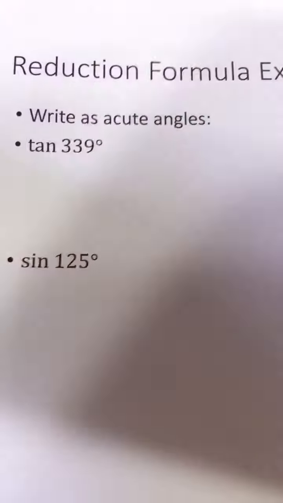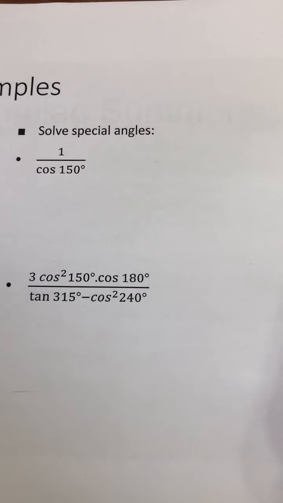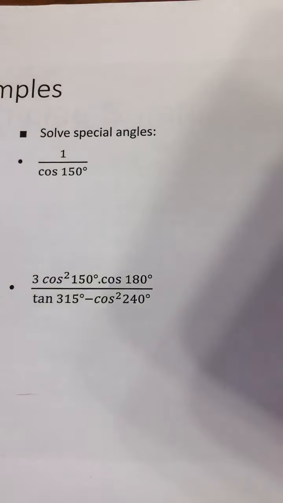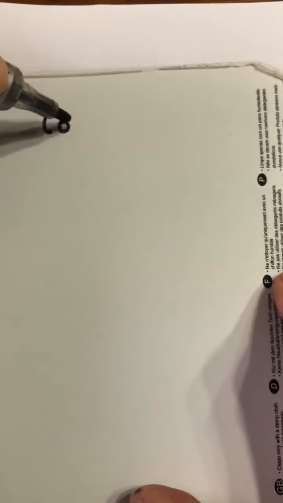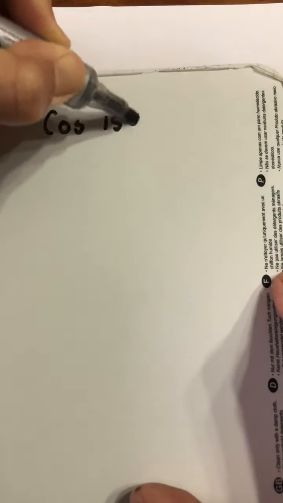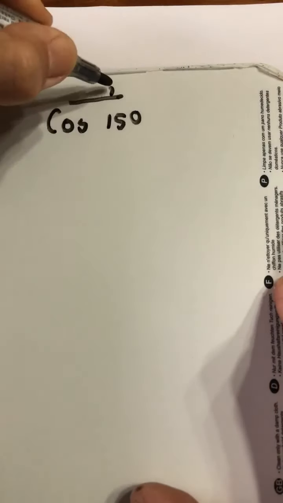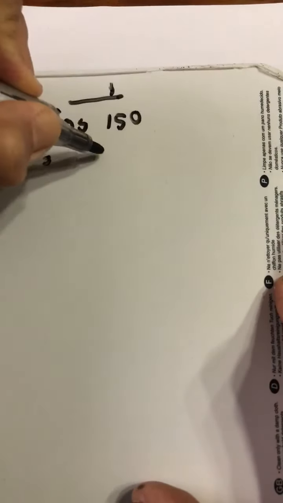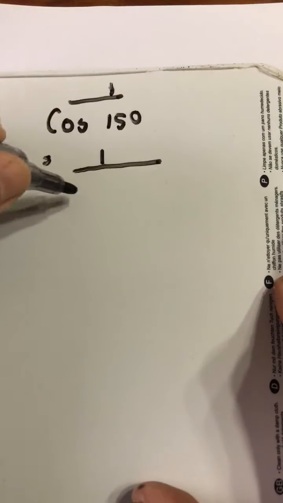Okay, right, moving on to the other side. This is solve using special angles, so they would tell you to do this without your calculator. So I'm going to use my board and write 1 over cos 150. We can leave that alone for now.